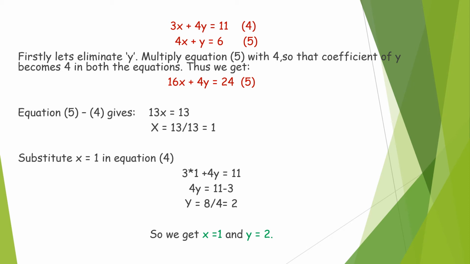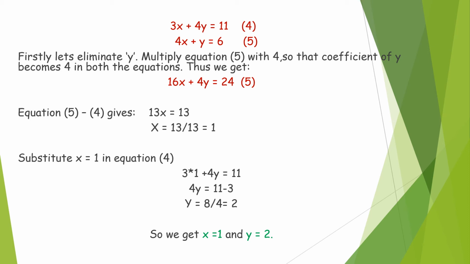So let us eliminate the unknown y by making the coefficient of y the same in both the equations. Let us multiply equation 5 with 4. So we will obtain equation 5 as 16x plus 4y equal to 24.